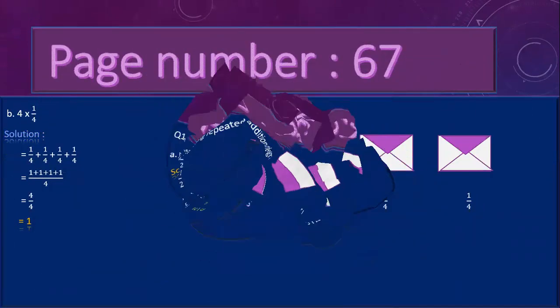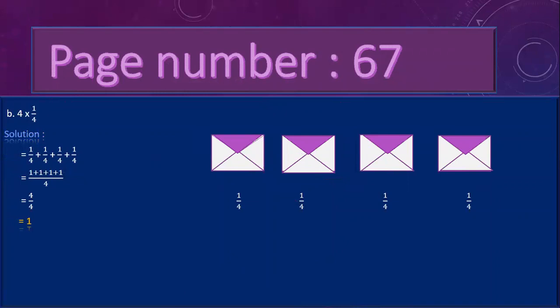The second part, part B, is 4 multiply 1 by 4. Four diagrams are given, and each diagram is divided into 4 parts. That's why the denominator is 4. And in every diagram, only one part is shaded. So the fractions are 1 by 4, then 1 by 4, then 1 by 4, then 1 by 4.